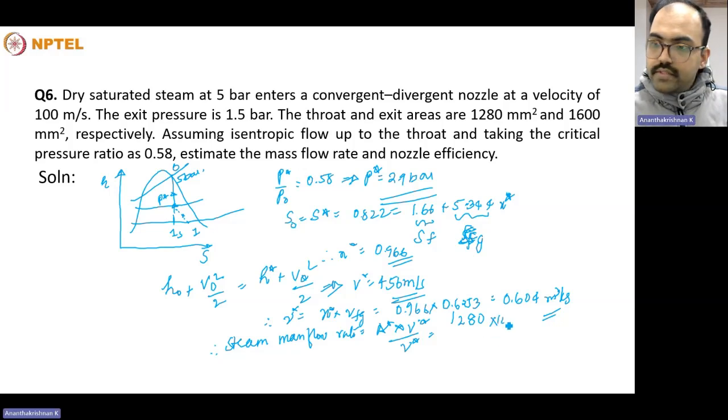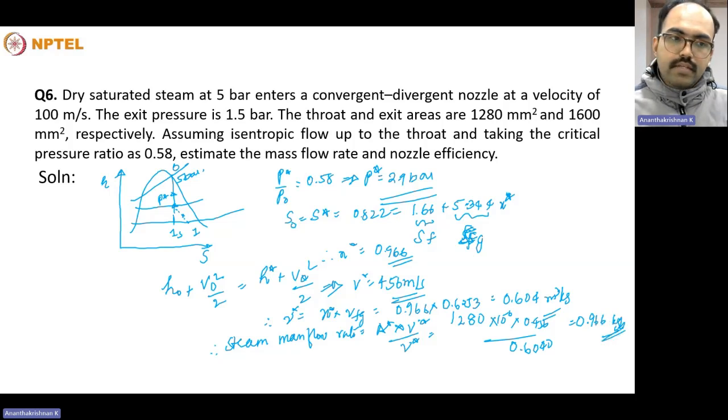So it is 1280 times 10 power minus 6 into 456 divided by 0.604. That's equal to 0.966 kilogram per second. So that will be the mass flow rate of the steam. So that is the first part. Now we have to determine the second part, the nozzle efficiency.